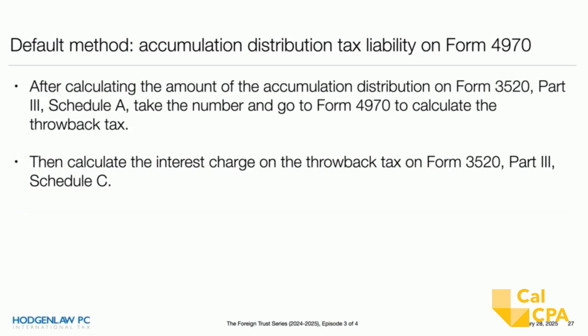And then after you calculate the amount of accumulation distribution in Schedule A, you go over to Form 4970 and calculate what your tax is over there. And then you go down to the bottom of Form 3520 Part 3, Schedule C, and you calculate that interest charge that's called a tax there. And both of those tax numbers go over to your Form 1040.